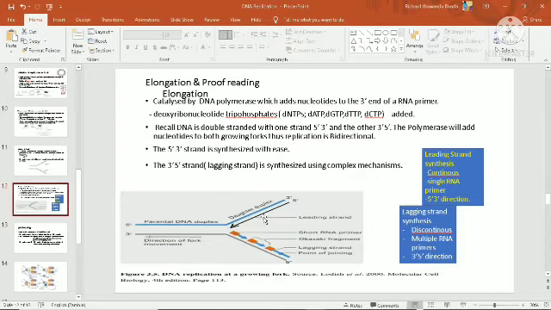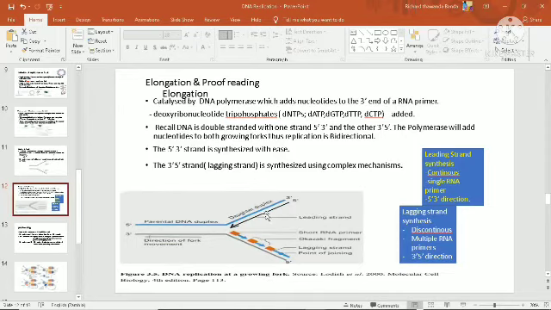This one will be synthesized in a continuous manner, whereas the other one, which runs 3' to 5', will be synthesized in a discontinuous manner because of the complex mechanism where it has to be bent, and then a primer has to be made and so on. Because of those primers being made, you have a lot of fragments. Those will be known as Okazaki fragments.